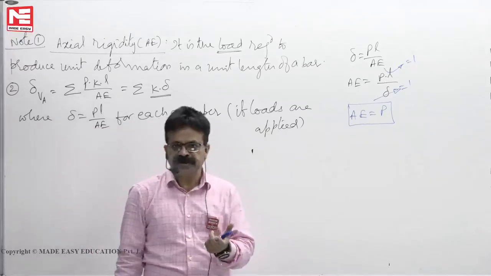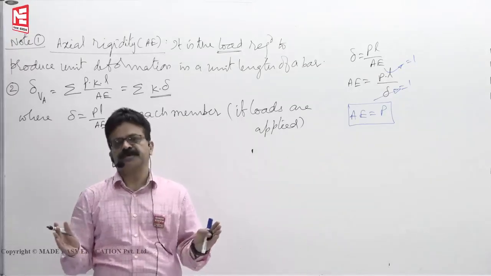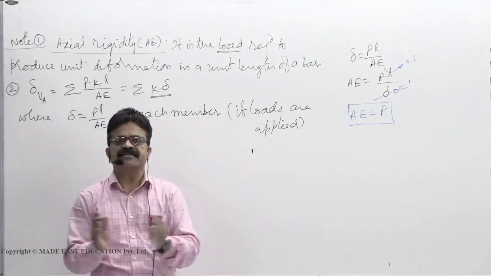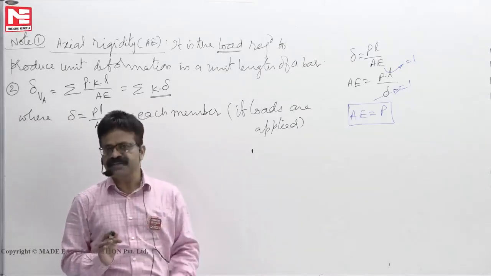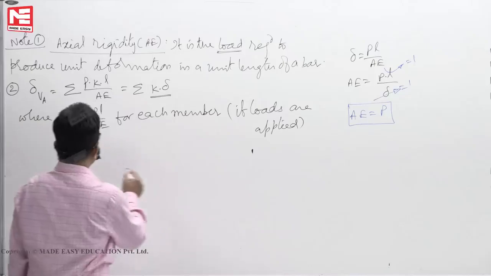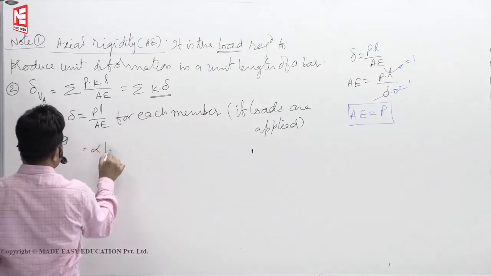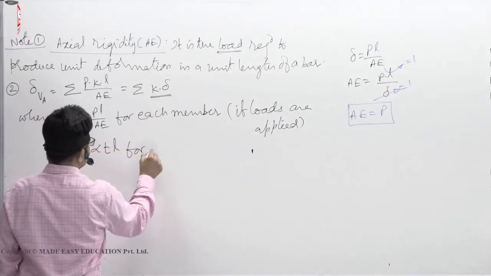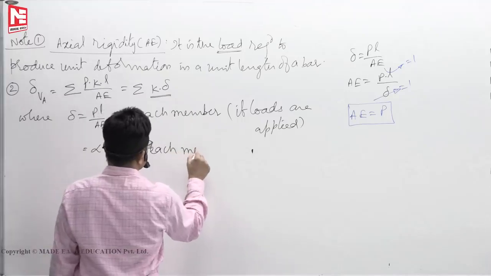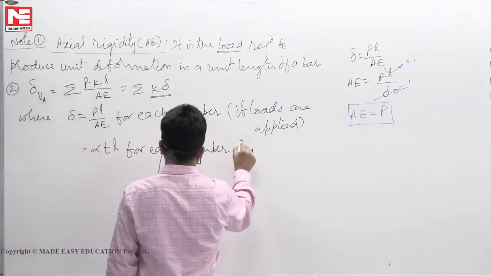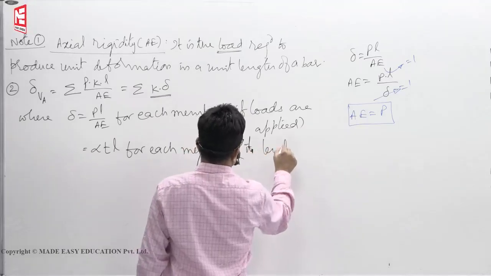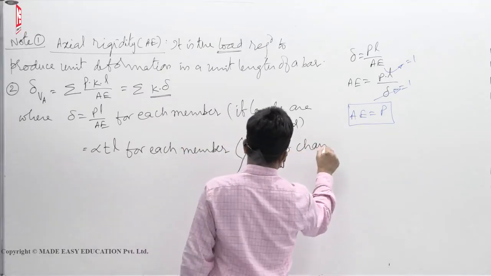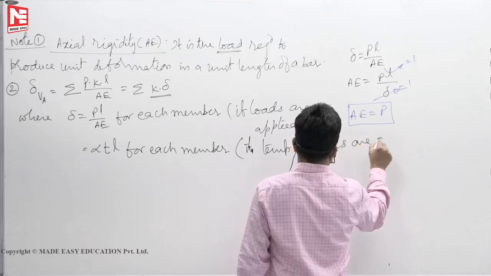Any change in the temperature in a member also produces elongations or extension or expansion or contraction. They also are considered as deformations. If at all temperature changes are given, you will write alpha TL for each member. You will use this if temperature changes are given.